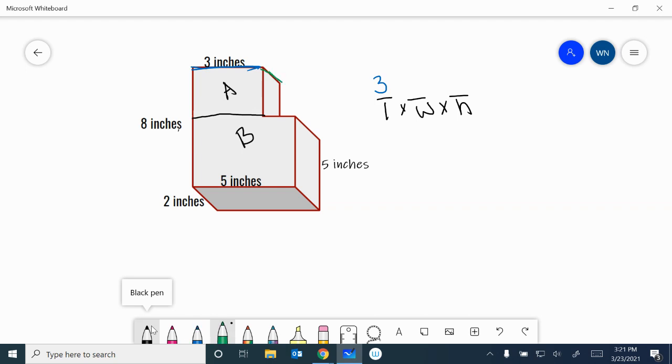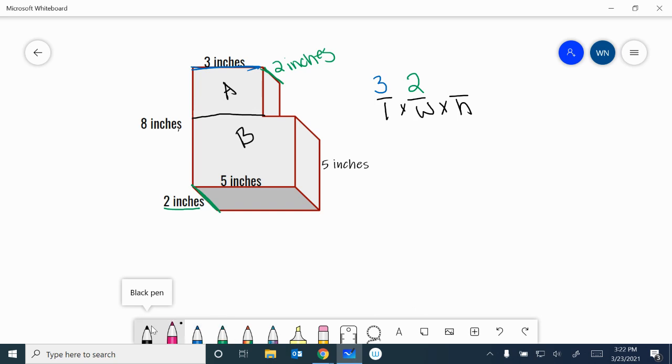So that's from here to here, but there's no number there. Remember, what you have to do is go searching around the rest of the figure. The width down here is 2 inches, and I know that the width stays the same throughout the entire composite figure. So I know that the 2 inches also goes up here. So my width is 2 inches.